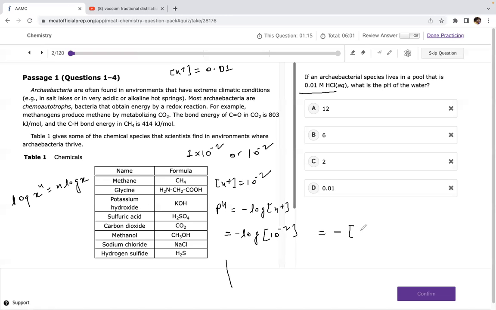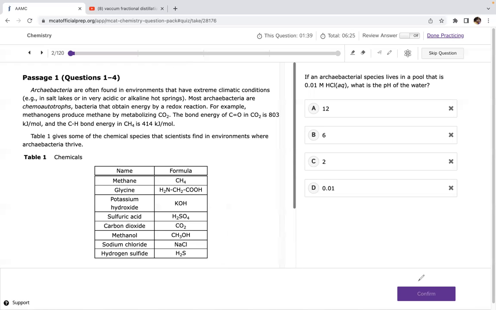So this is minus 2 log 10. And now minus minus is plus. So 2 log 10. We know that log 10 value is 1. So this is 2. So pH is 2. I hope it makes sense. So the right choice is C.